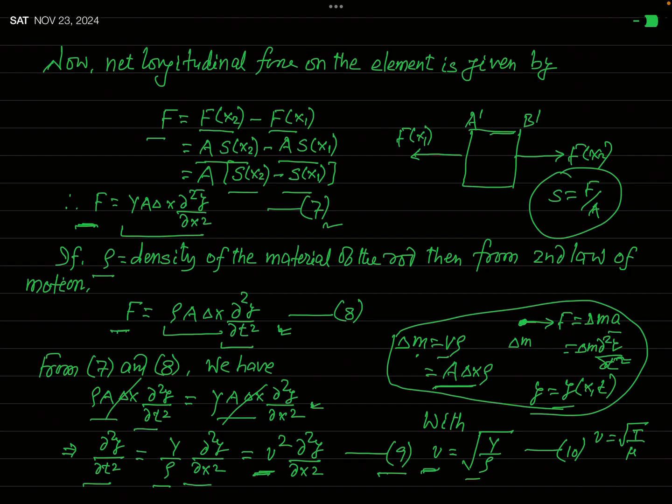Instead of Young modulus, there was tension T, and in place of density there was linear mass density mu. But one difference is that here we are considering the longitudinal vibration of the rod, but in that problem we considered the transverse vibration of the string.